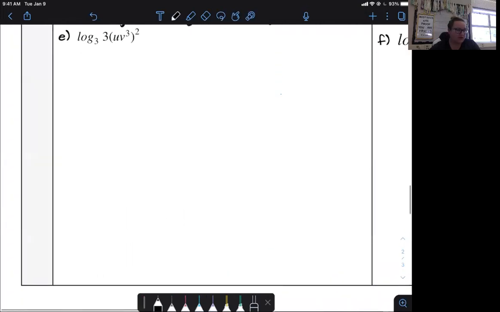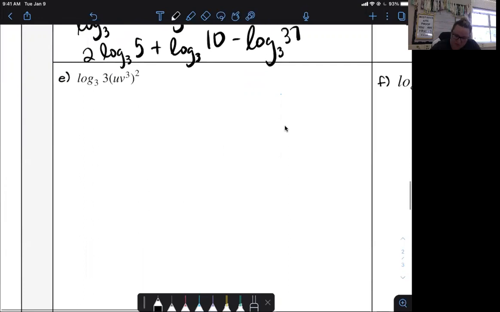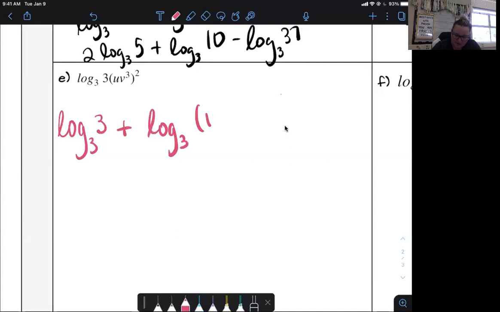And part E, so we have the log base 3 of 3 times uv cubed, and then that is being squared. So there's a couple ways we can go about this. First, since the log base 3 of 3 is being multiplied by uv cubed squared, we can go ahead and write that as the log base 3 of 3 plus the log base 3 of uv cubed squared.